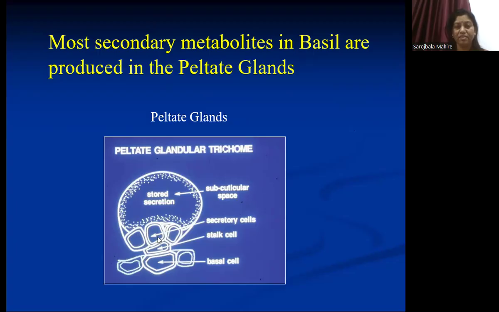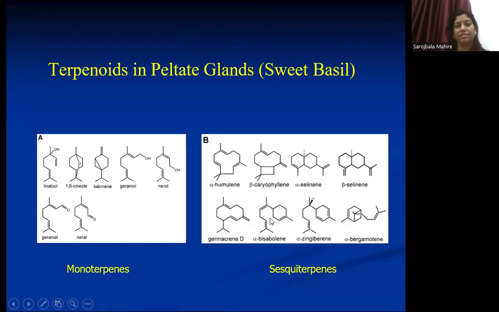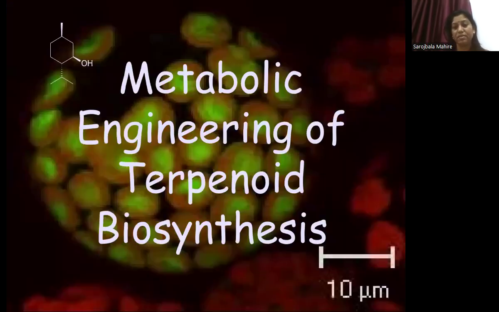One example is shown here. Cell tip glands are typical from the root vessel. Terpenoids in the cell tip gland: monoterpenes and sesquiterpenes.